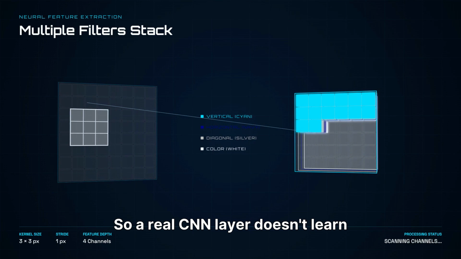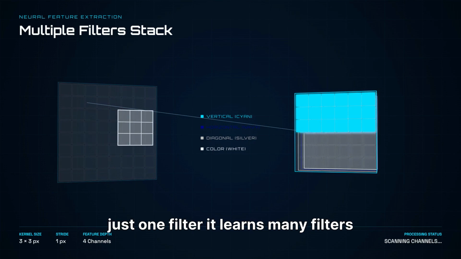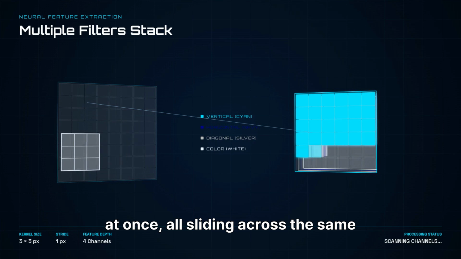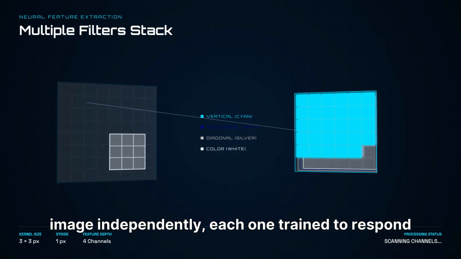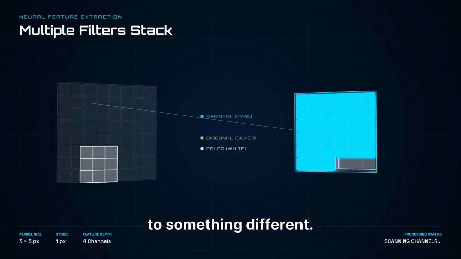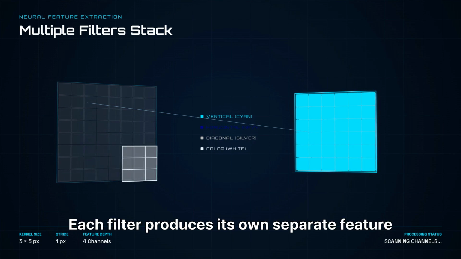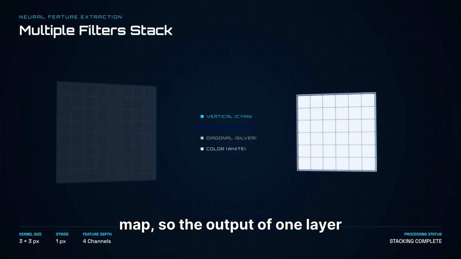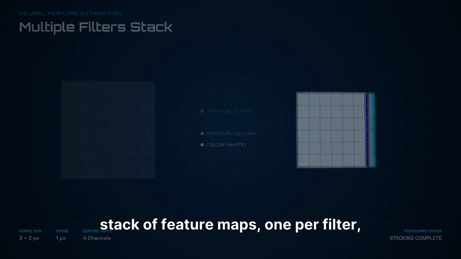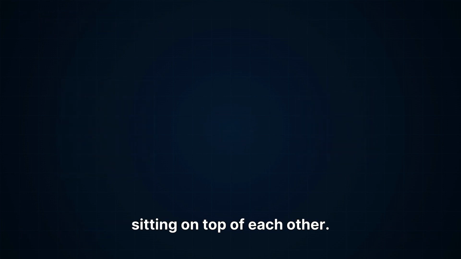So a real CNN layer doesn't learn just one filter. It learns many filters at once, all sliding across the same image independently, each one trained to respond to something different. Each filter produces its own separate feature map, so the output of one layer isn't a single grid. It's a whole stack of feature maps, one per filter sitting on top of each other.